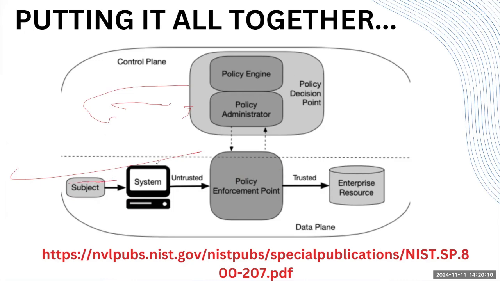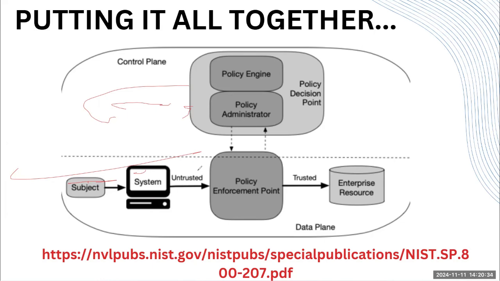We have the subject, okay? And the subject is using a system. So let's say the subject is a user. The user has a laptop or a desktop, which is the system, right? So the subject is using a certain device or a certain endpoint, which is considered untrusted, right?